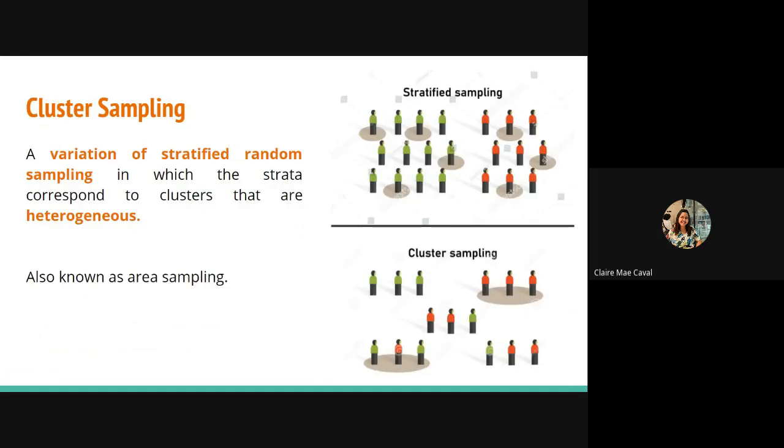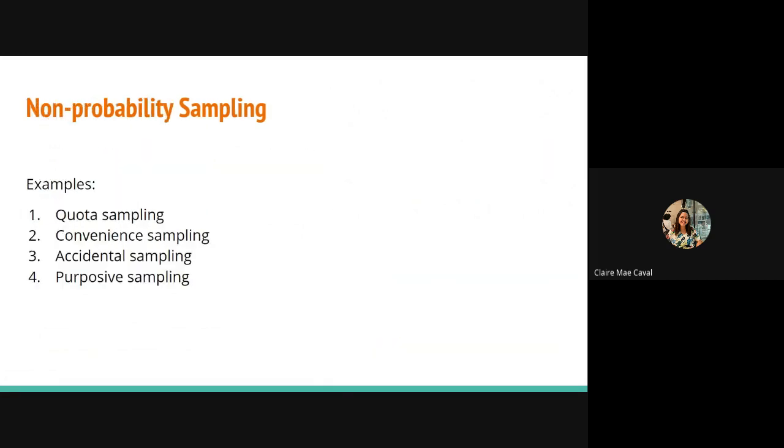Next, those are the examples of your probability sampling. Next, let's have non-probability sampling. Examples are quota sampling, convenience sampling, accidental sampling, and purposive sampling. So when to use non-probability sampling, class?